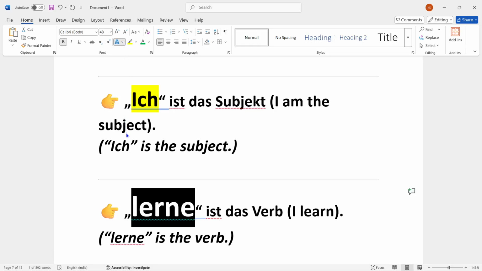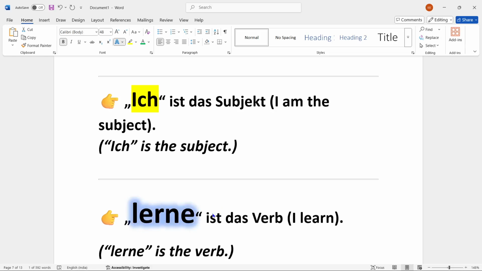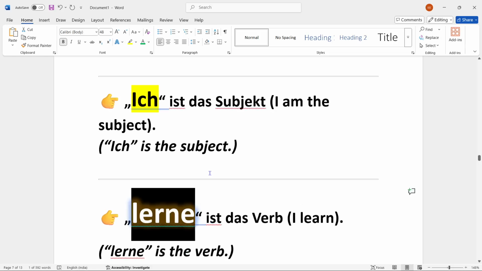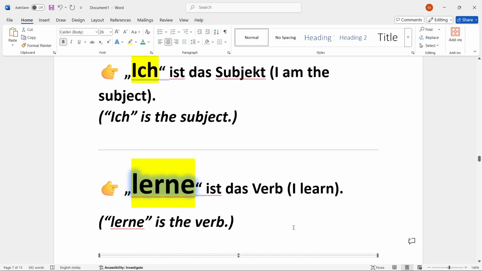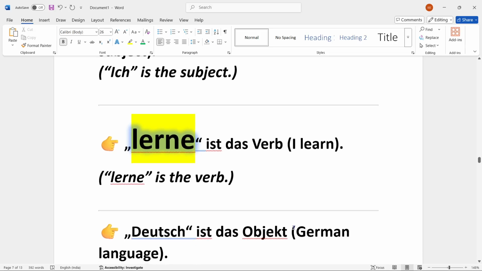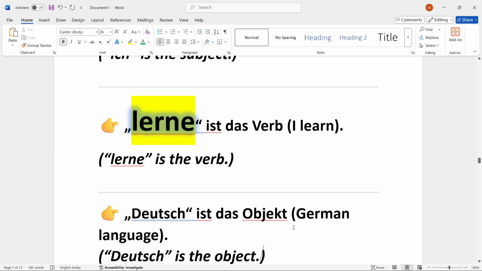Lerne ist das Verb. Ja genau, yes exactly. Lerne ist das Verb. I learn. So I is a subject. Learn, lerne ist das Verb. Exactly, genau. Deutsch ist das Objekt. In this sentence, Deutsch ist das Objekt. It means German language.